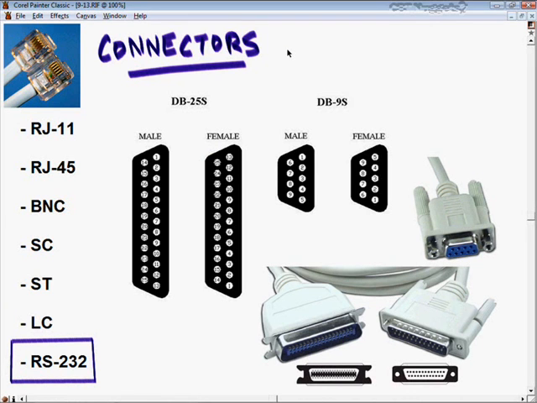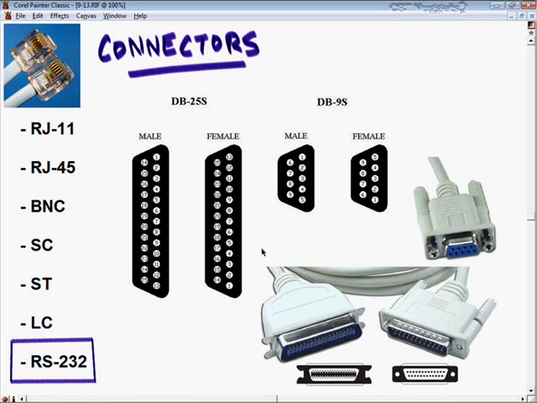These are extremely popular, for example, in the Cisco world. An RS-232 connector needs to be identified as either the DTE side or the DCE side. There are several different pin assignments. You don't need to worry about those, but the two most common connectors that we see in the RS-232 standard are the DB25S, which of course has 25 pins, and you can see it right here.